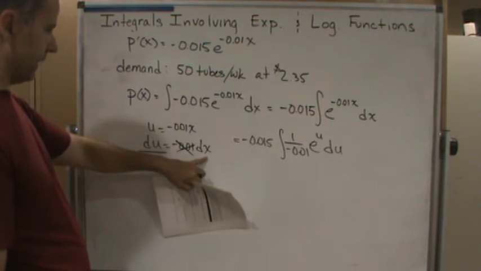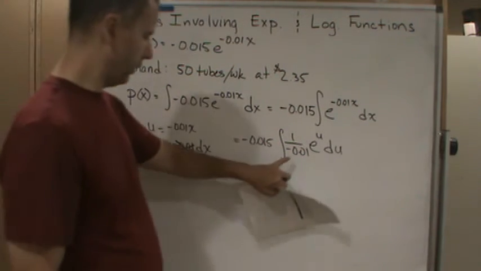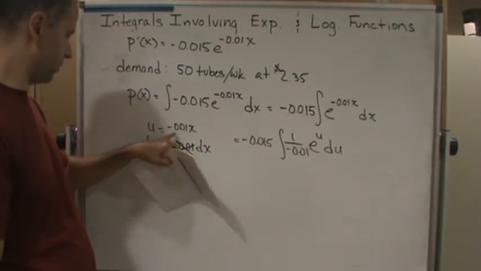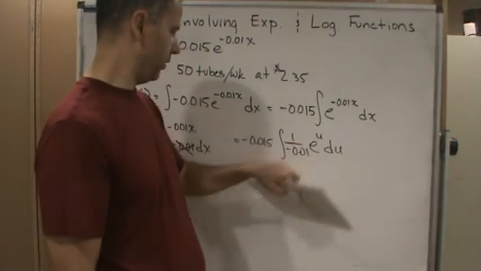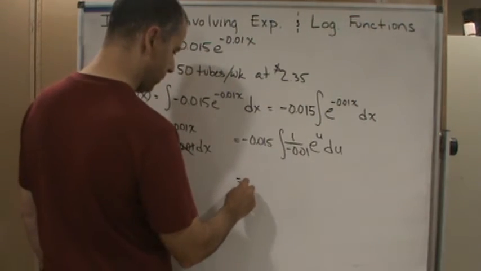So dx equals du over negative 0.01, and this times this, and with my u substitution here, I get e to the u. Now I can pull this out, so let me pull the other fraction out.